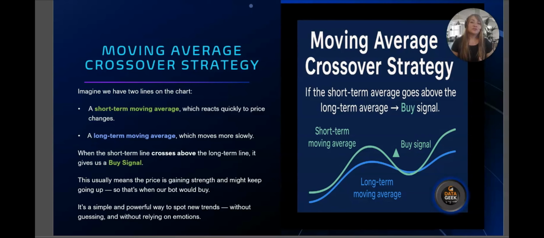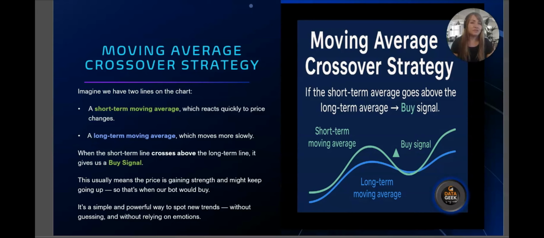When the short-term line crosses above the long-term line, it gives a buy signal. As you can see with that little triangle here, once those two lines intersect, it gives a buy signal. This usually means that the price is gaining strength and might keep going up, and that is when our bot will buy. So this is a simple and powerful way to spot new trends without guessing and without relying on any emotions.